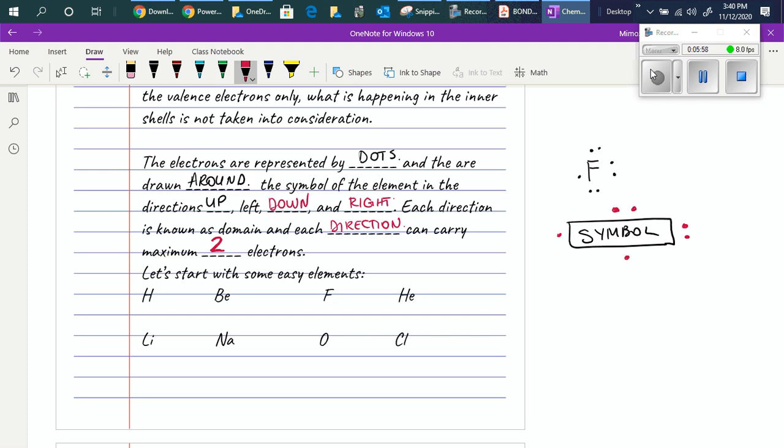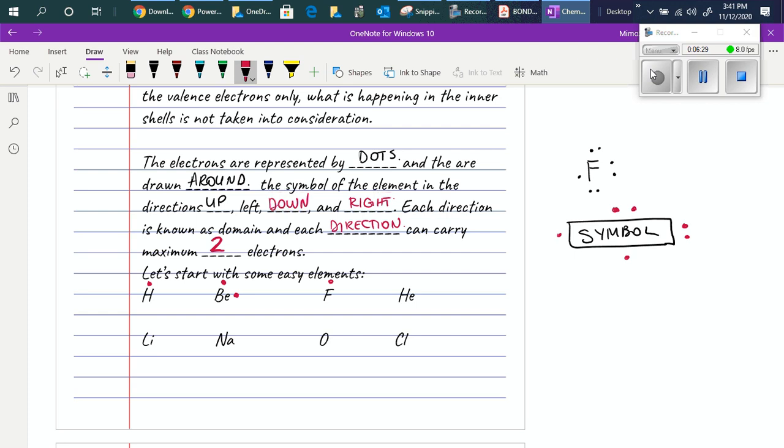So let's start by drawing the Lewis dot diagram of those elements. So the first one is hydrogen. Hydrogen has 1 electron in the valence shell. So we just draw it with 1 electron. Beryllium has 2. And how do we know that it has 2? Because it is on group 2. Fluorine on the other side has 7.